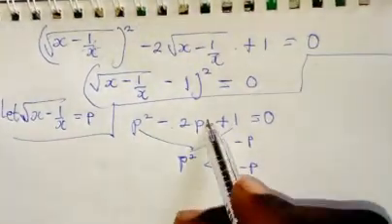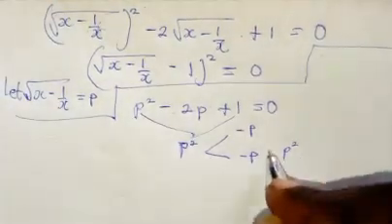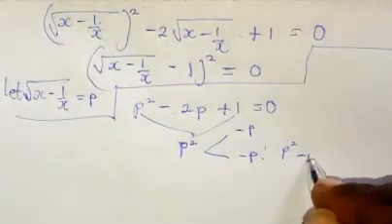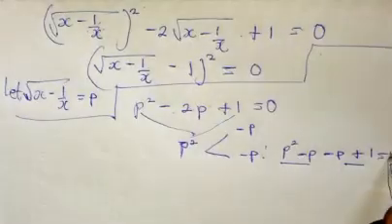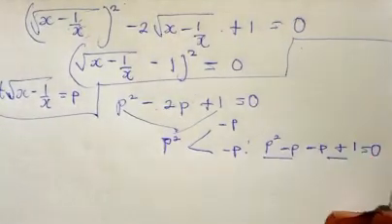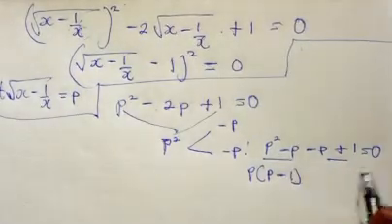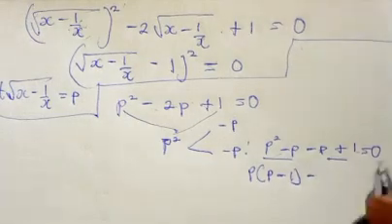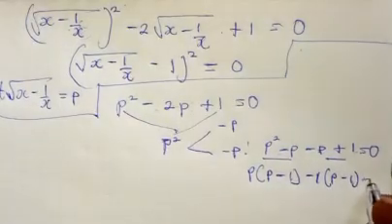So when you substitute that here, you are going to have p squared minus p minus p plus 1 equals 0. So what's common here? We have p, minus 1 into bracket, and here what's common here? We have 1 minus 1 rather, which is p minus 1 also inside bracket.